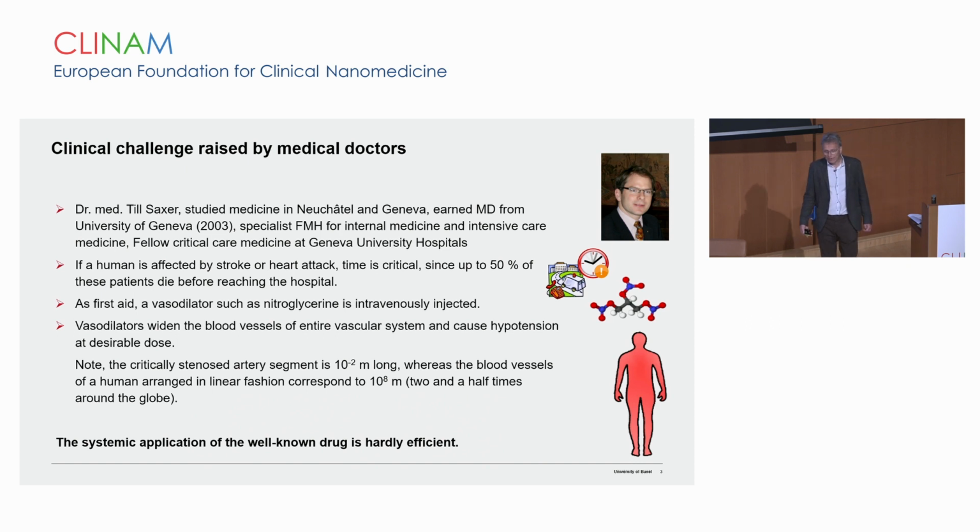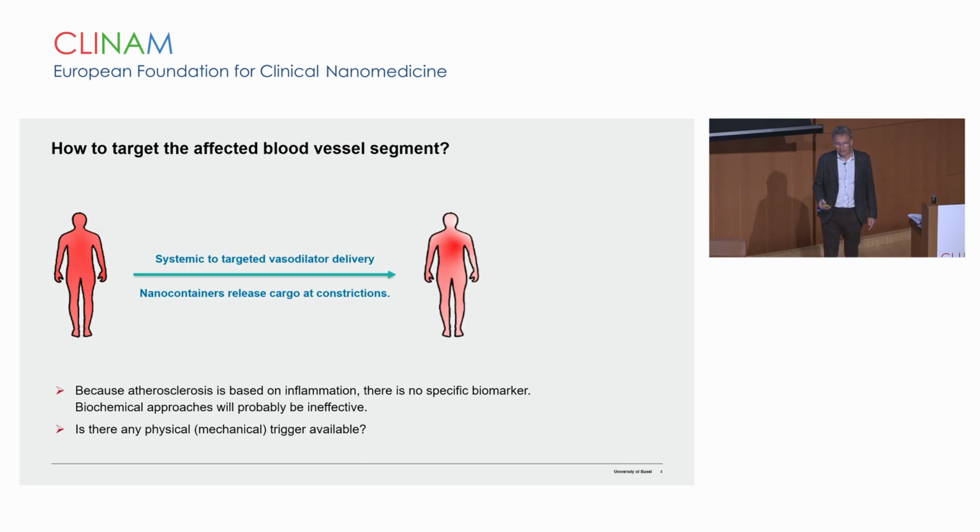That means 2.5 times around the globe. So a huge length where you are looking for just a centimeter, and therefore the systemic application of a well-known drug is hardly efficient, and that is a critical thing.